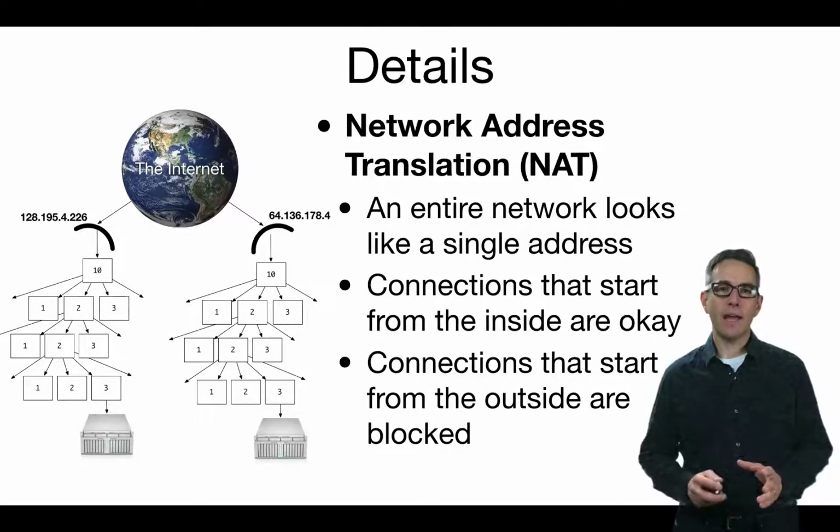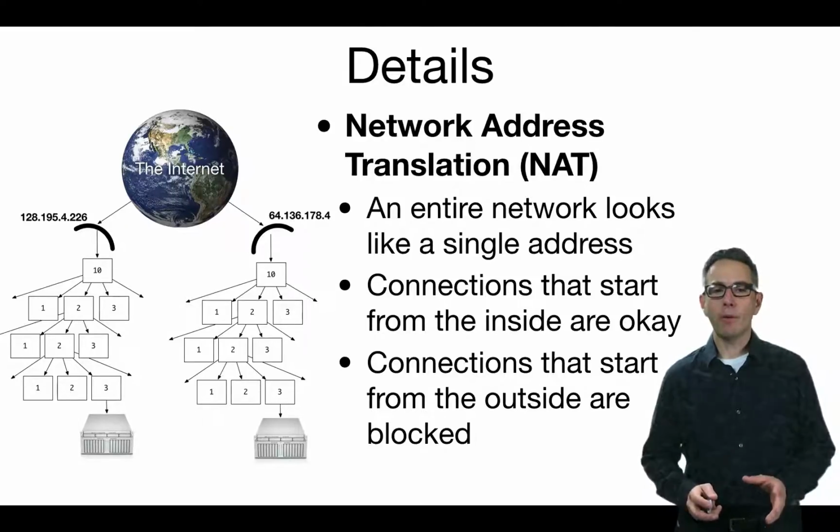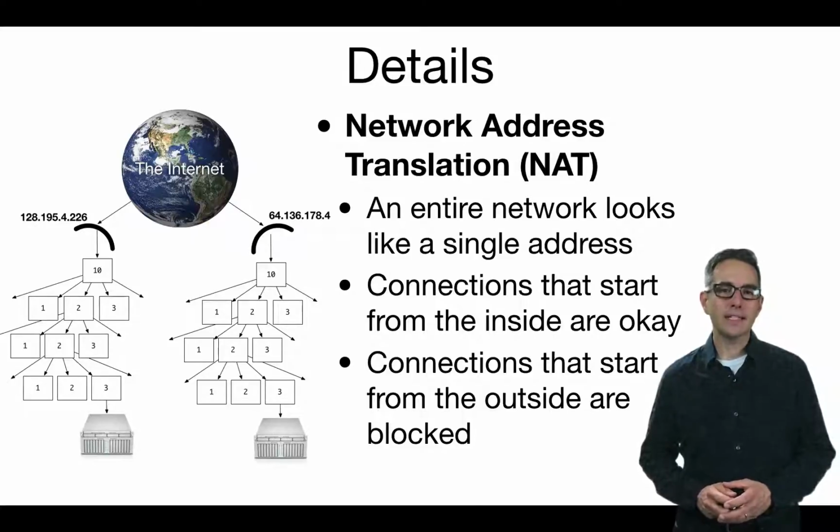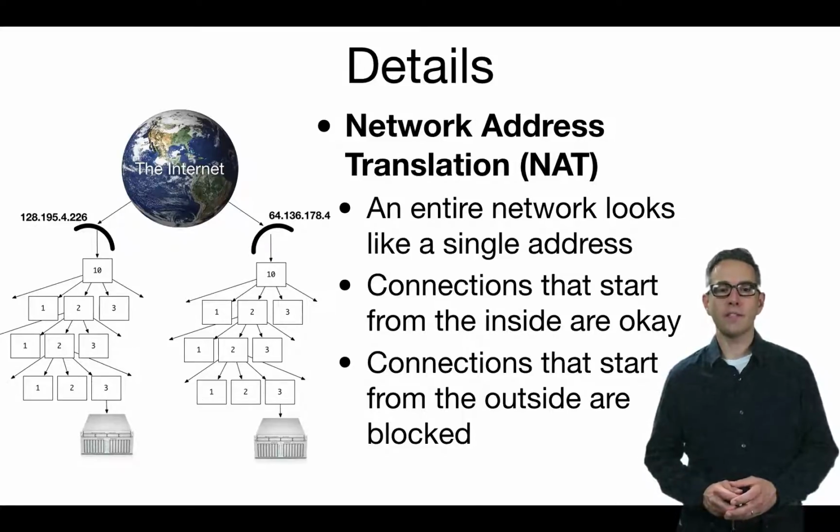So in this case, what we have is the open internet, and we have two firewalls. And the address of the computer that's controlling the firewall on the left is 128.195.4.226. And on the right is 64.136.178.4. So from the perspective of the greater internet, it looks like there are only two computers behind those firewalls.